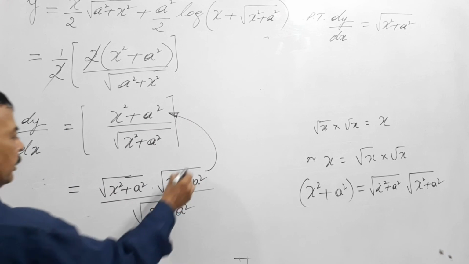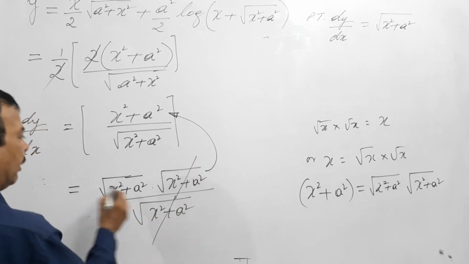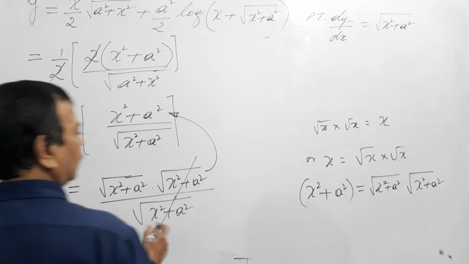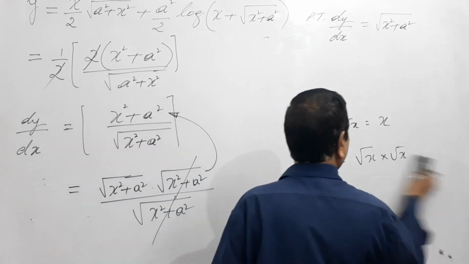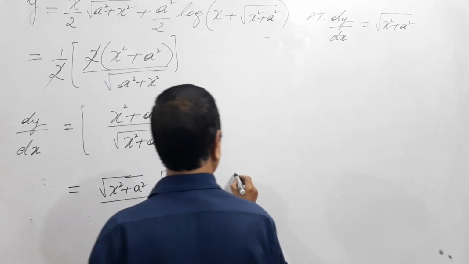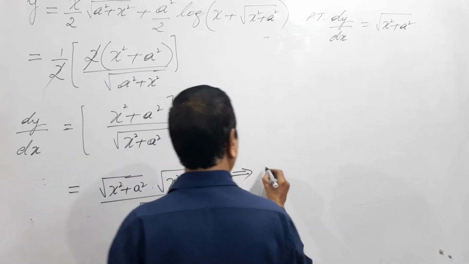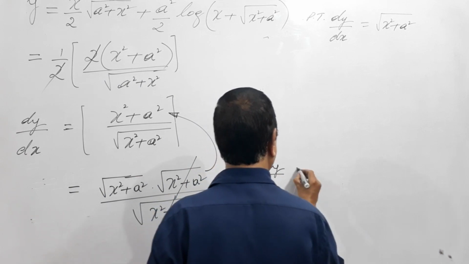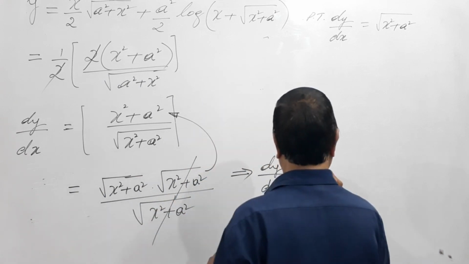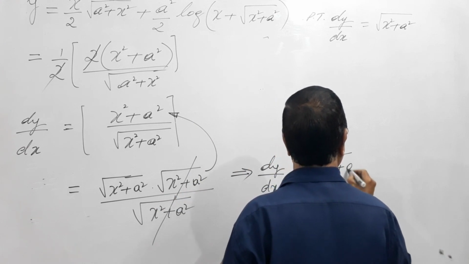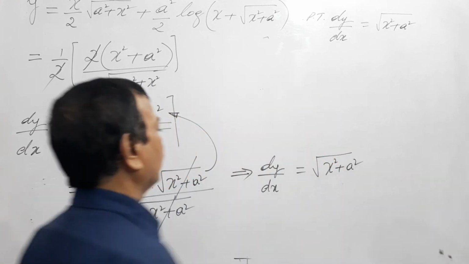So this and this cancel, and we are left with dy by dx equals to under the root x square plus a square.